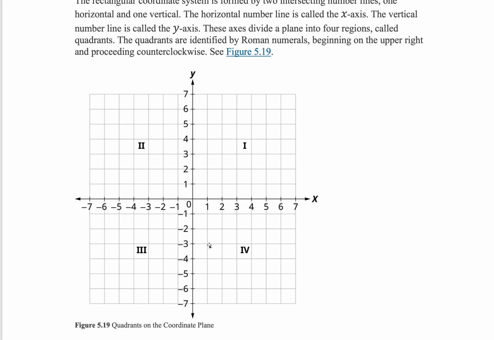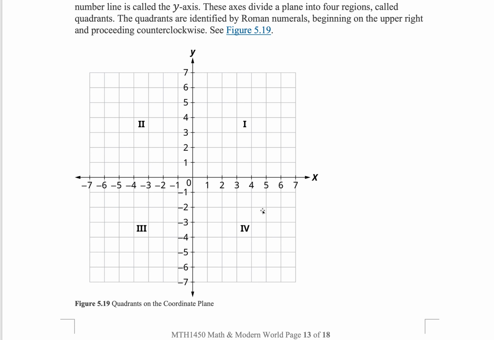If you look at the screen, the x-axis and the y-axis separate the entire plane into four quadrants. Accordingly, those quadrants are labeled: the upper right corner is quadrant 1, the upper left corner is quadrant 2, the lower left corner is quadrant 3, and the lower right corner is quadrant 4.